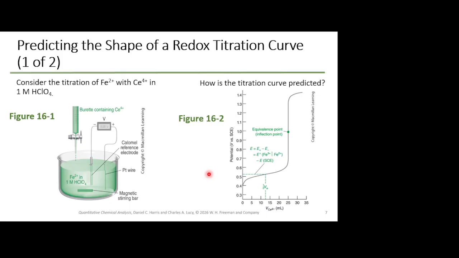So we got to talk about the shape. Okay, you're used to titration curves, right? Looks very similar to this, right? The only problem with the shape for titration curves for redox reactions is that you don't have very, very, very standard species that are going to be on both sides of this. So when you were doing this before, in reality, one of the species that you were doing for acid-base titrations was always water.